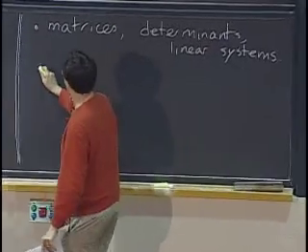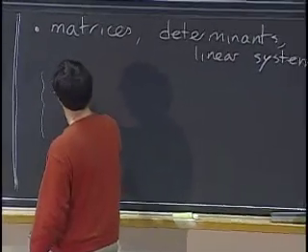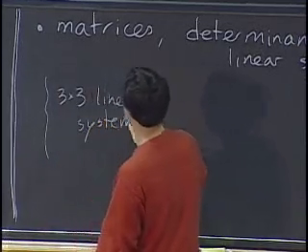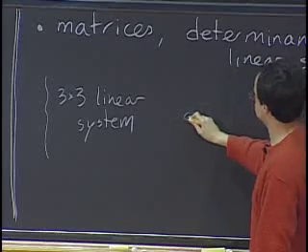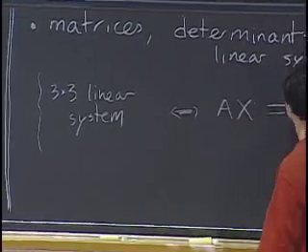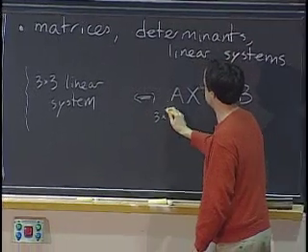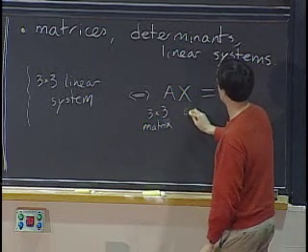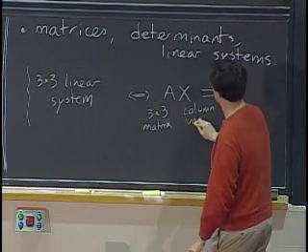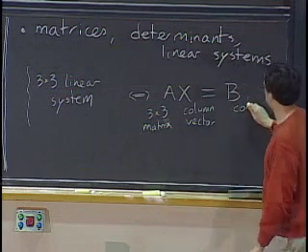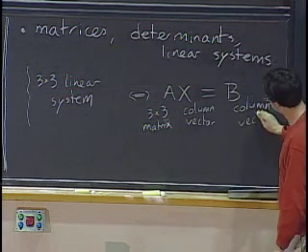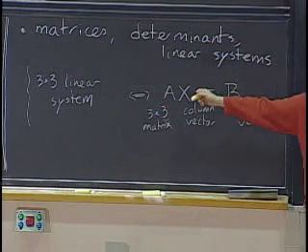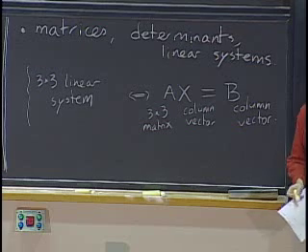So remember, if you have a 3x3 linear system, in the usual sense, you can write this in a matrix form where you have a 3x3 matrix and you have an unknown column vector, and their matrix product should be some given column vector. Okay, so if you don't remember how to multiply matrices, please look at the notes on that again.